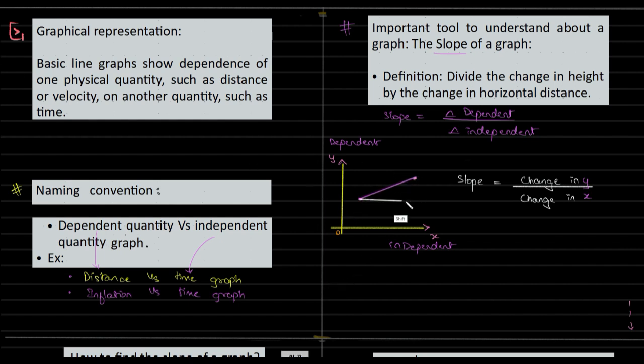Let me actually complete the diagram. So this is your change in y and that's your change in x. From point A to B is your change in x and B to C is your change in y. That is your definition of a slope.